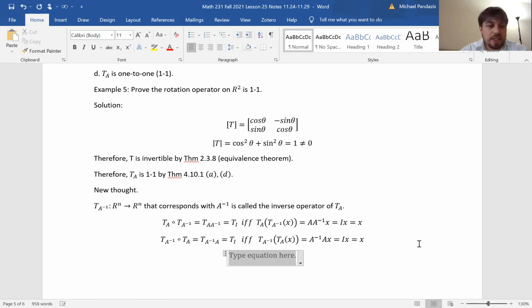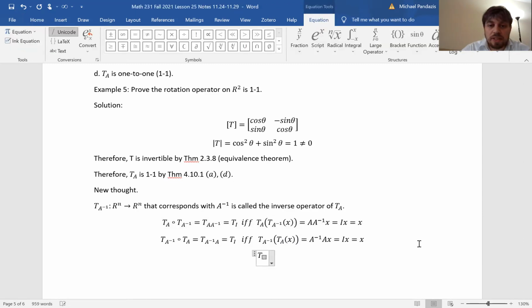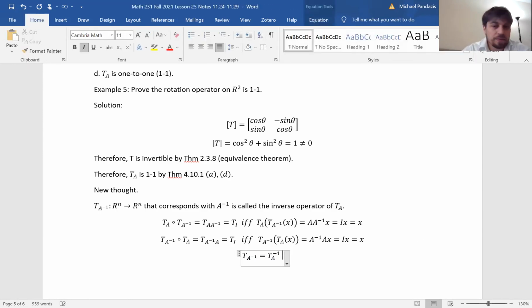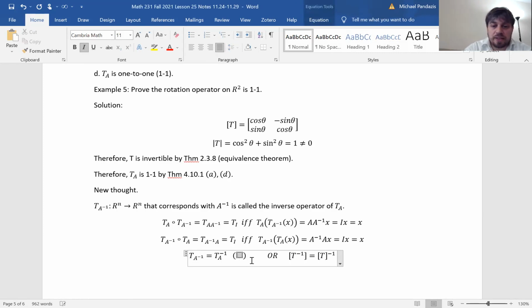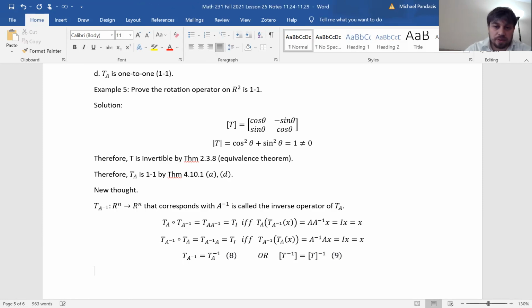And so what this shows is that T sub A inverse is equal to the inverse of T sub A. Or in terms of standard matrices, the standard matrix of T inverse is equal to the inverse of the standard matrix of T. So this is equation 8 in this section, and this is equation 9 in this section.